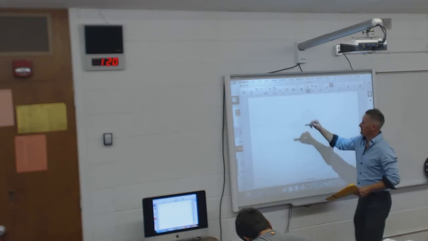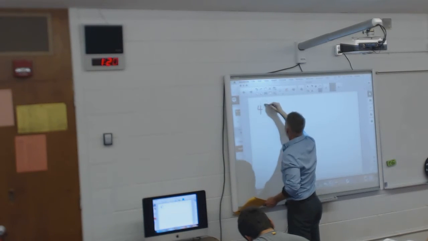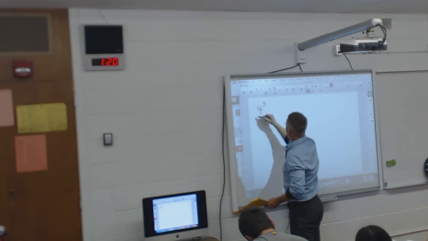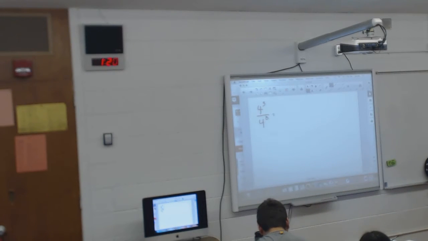So here's why. If I have 4 to the 3 over 4 to the 3, what do I do with the exponents? I subtract them. So what is 3 subtract 3? 0.